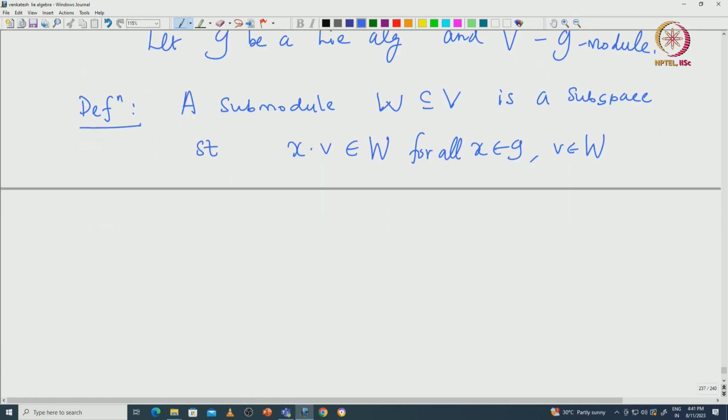So, in particular, we have this module map from G cross V to V, let us call it sigma.